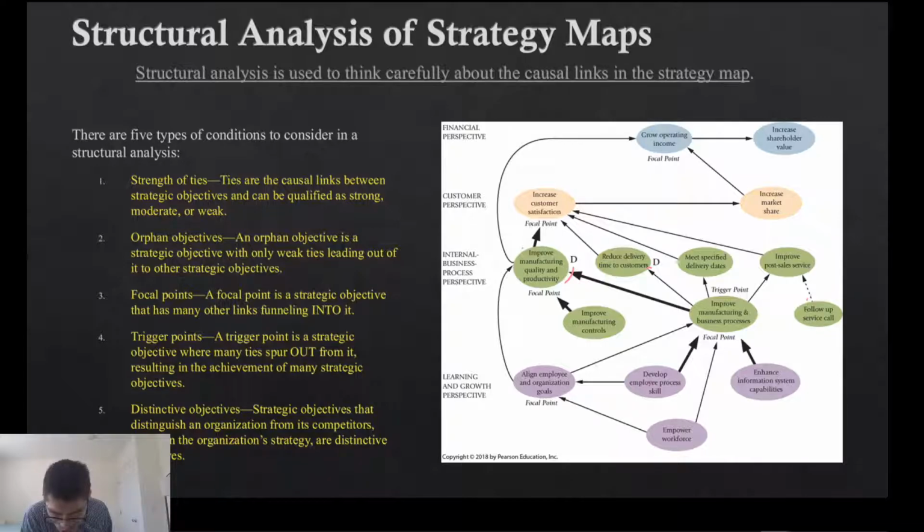This is represented by this capitalized letter D. So these two are the distinctive objectives in this example company: improve manufacturing quality and productivity, and reduce delivery time to customers. These two are the distinctive objectives to improve customer satisfaction and to differentiate our products or services from our competitors' products or services, so to speak.